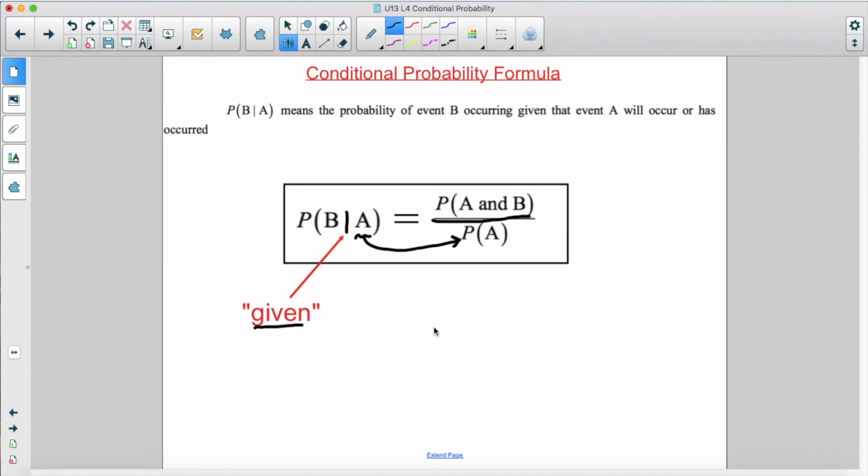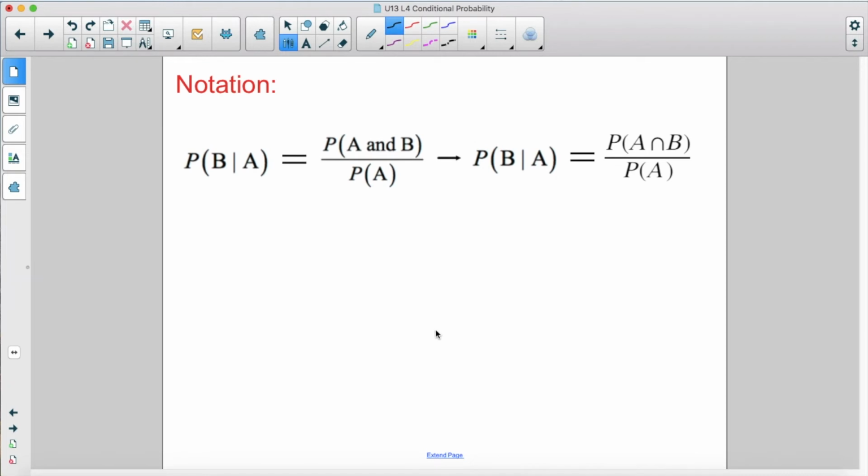So I'm going to move on. It's a very important formula. Okay, some notation. Just keep in mind, this given is always going to be given. There's not another way to write it. And "and" can turn into this upside down U, which is the word for intersect.